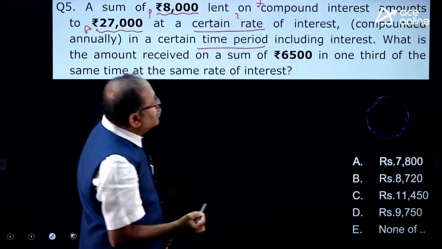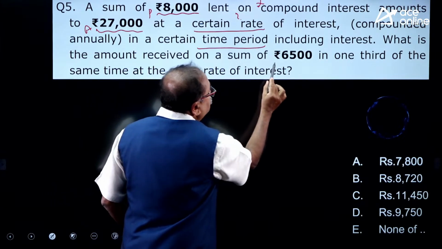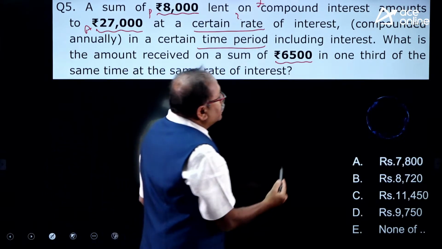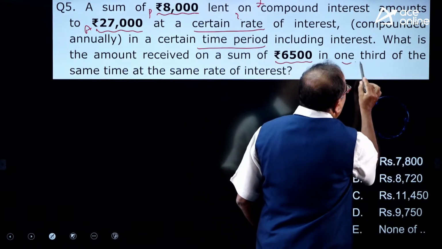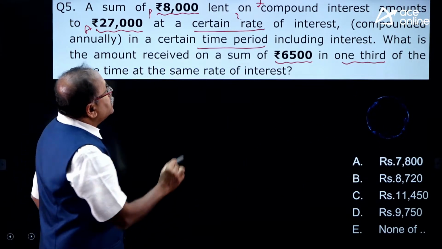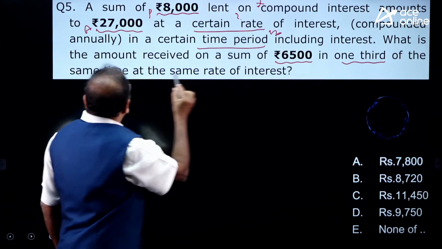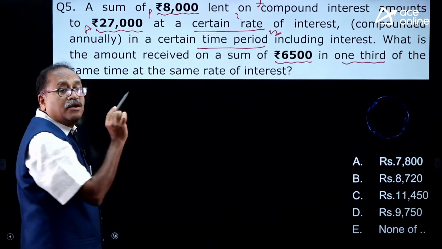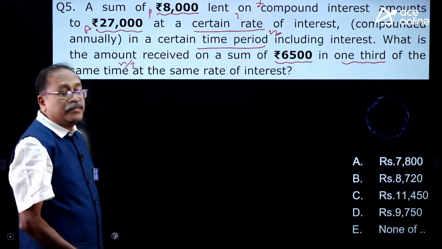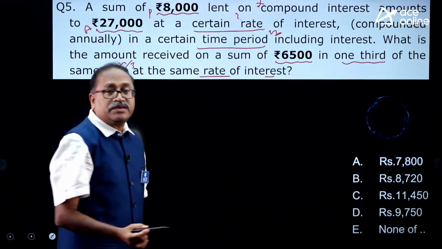What is the amount received on a sum of rupees 6,500 in 1/3 of the time? If this time is n, then 1/3 of the time means n by 3, at the same rate of interest.